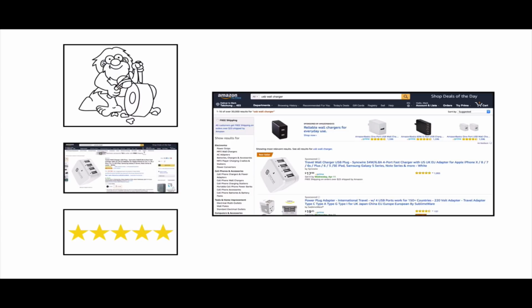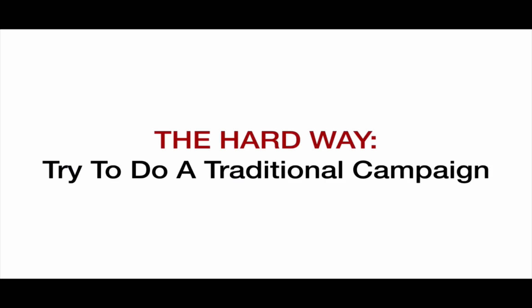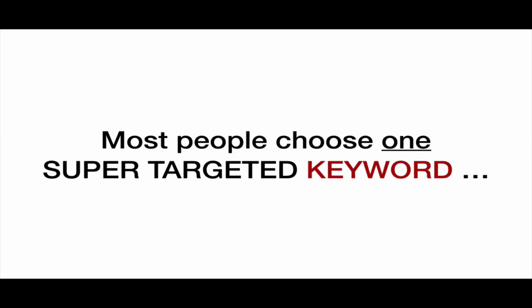So with all that said, we really have 2 ways to try to launch a product and make it work. Number 1, there's a hard way, and this is the way most people do it. We try to do a traditional launch campaign. Here's what I mean. Most people try to rank a single keyword with a super deep discount, like 90% off the price, right?